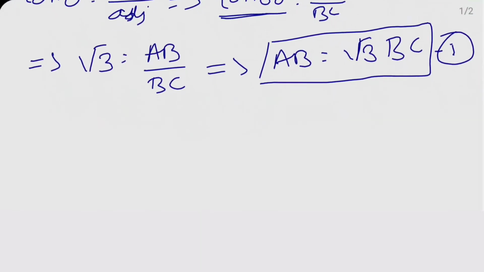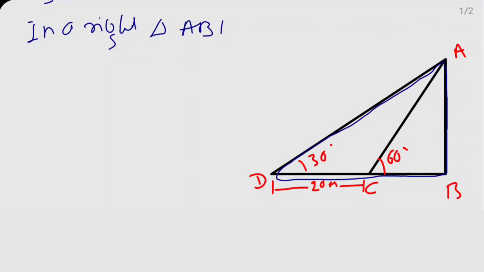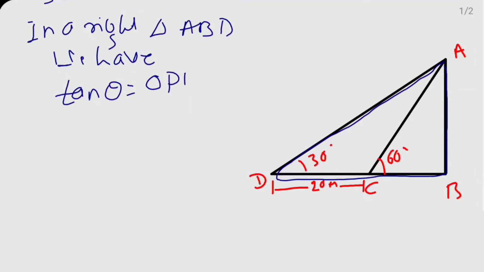And now I will consider the right triangle ABD. So write down here, in right triangle ABD, we have tan theta equal to opposite by adjacent.